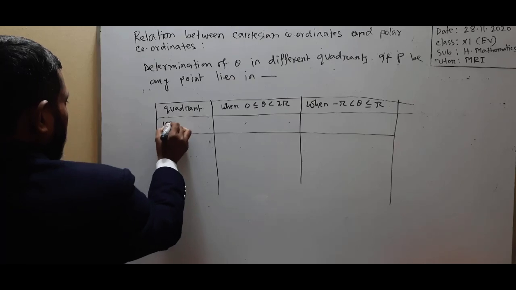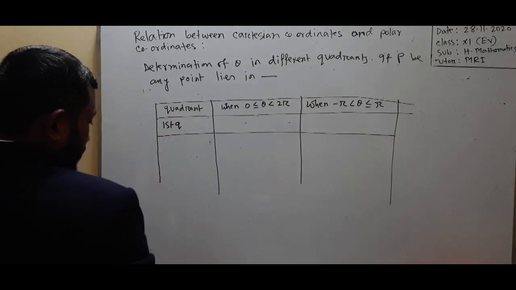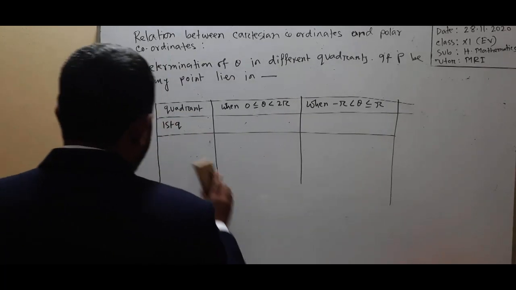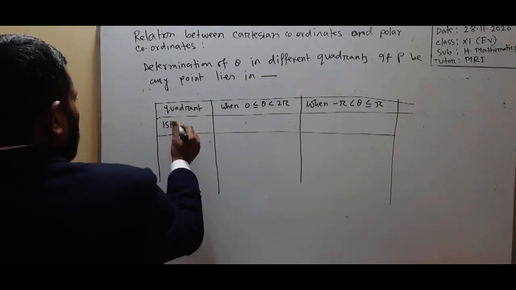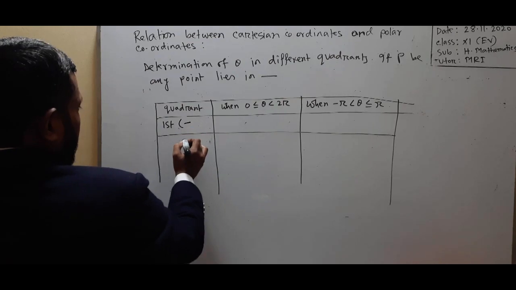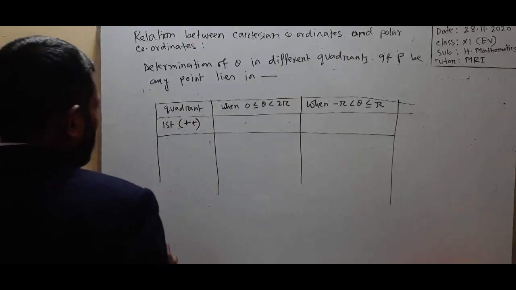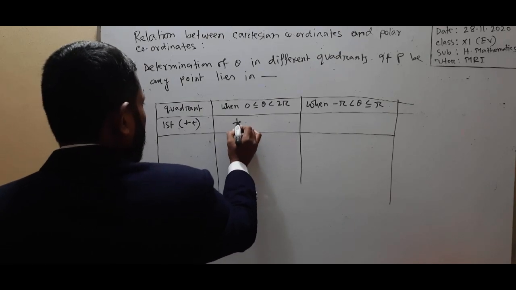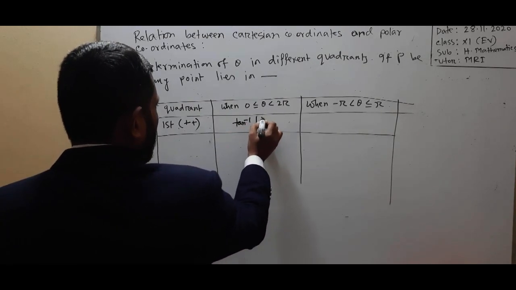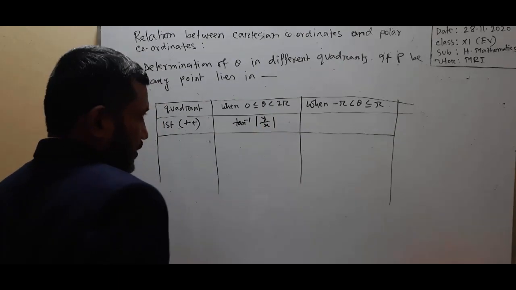First quadrant: abscissa and ordinate are both positive, that is plus. Here the value of theta will be tan inverse modulus y by x.